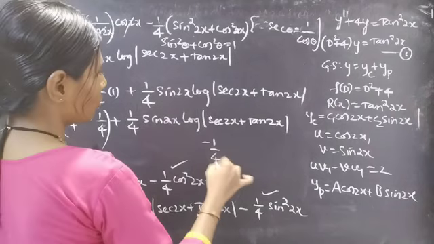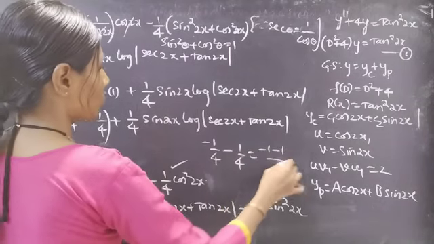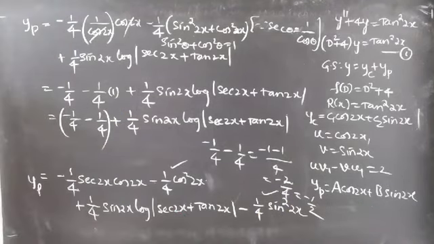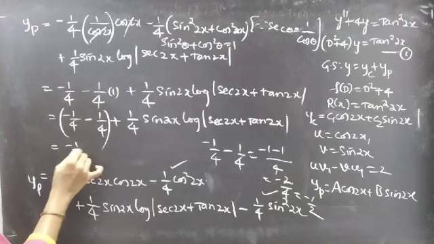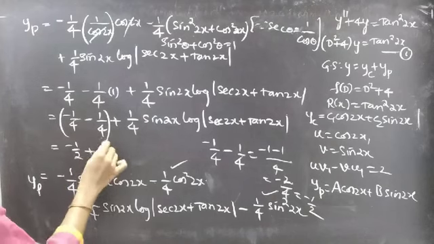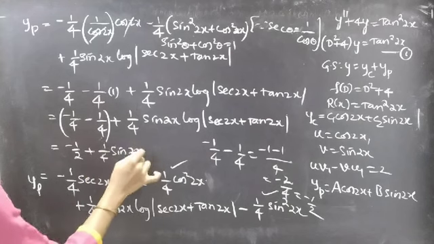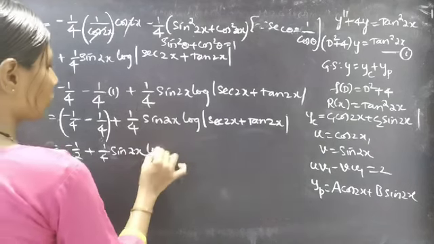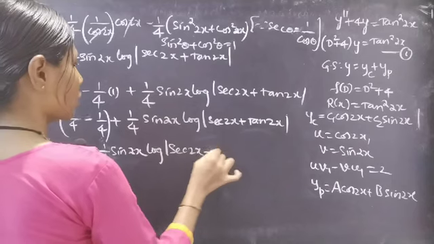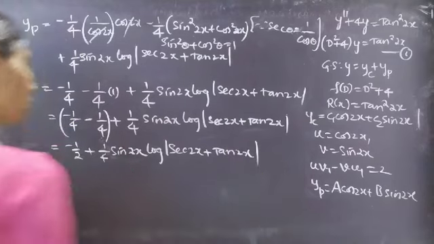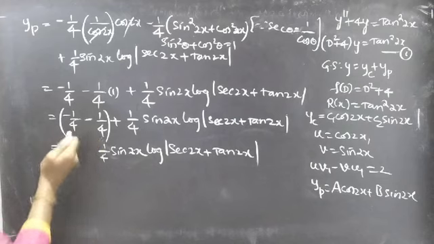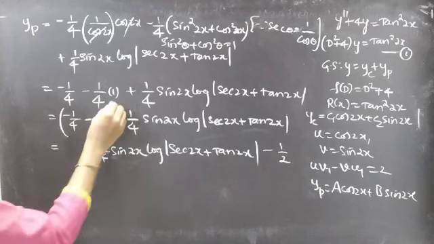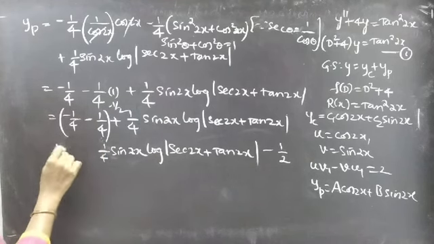Since we know that minus 1 by 4 minus 1 by 4 is minus 2 by 4, which is equal to minus 1 by 2, we'll replace it with minus 1 by 2 plus 1 by 4 into sin 2x into log mod secant 2x plus tan 2x, or this term minus 1 by 2. From this we got minus 1 by 2, right? We can write like this also.